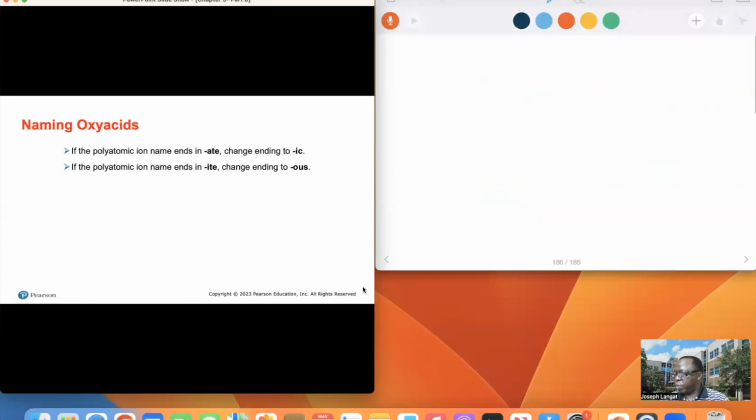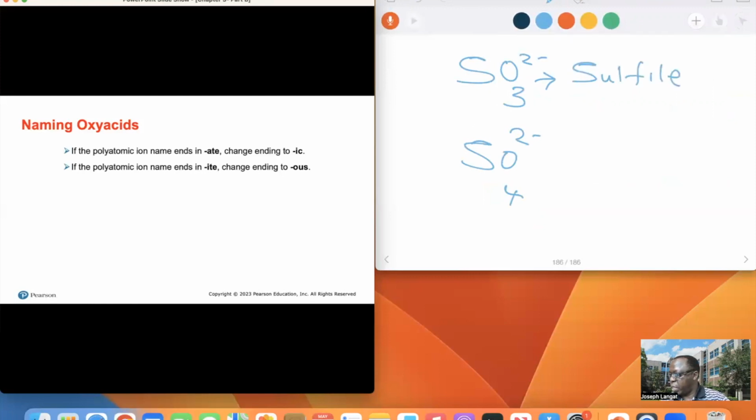We also have SO3 2 negative and SO4 2 negative. This is sulfite, ITE, and this is sulfate, ATE. How we use this polyatomic ion in oxyanions will determine the name.